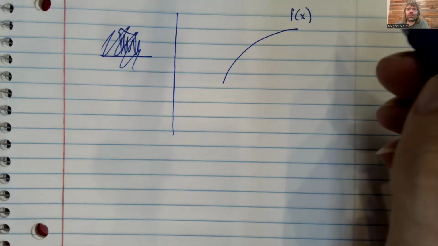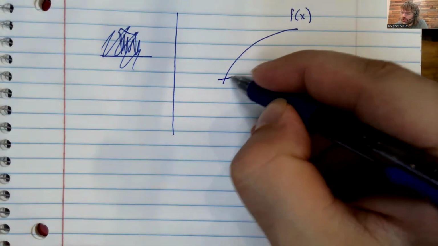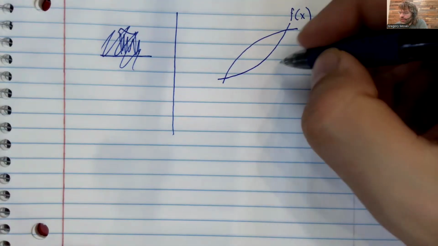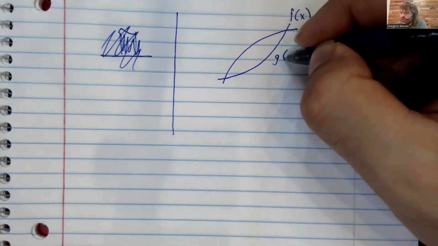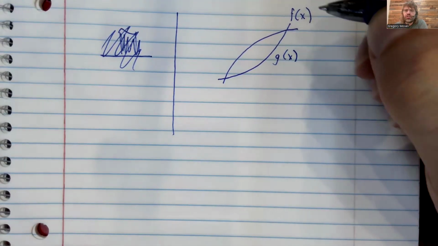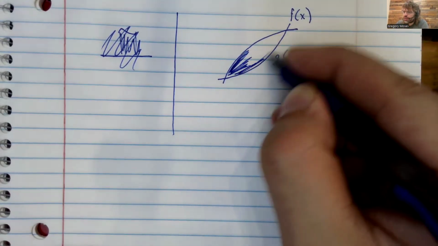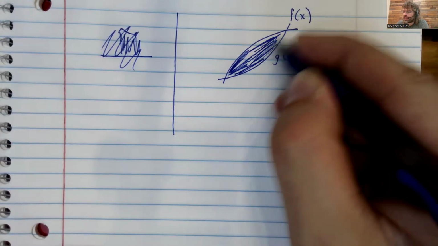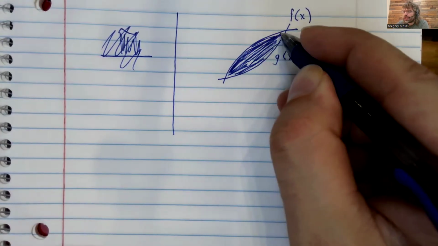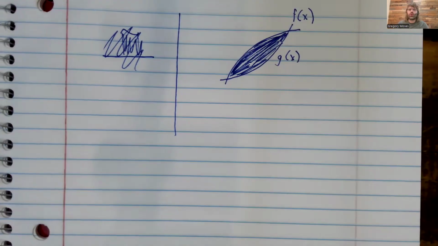That is, we'll have one function f of x, and we'll have another function g of x, and the region trapped between f and g has some real world significance in the economic problem you are considering.